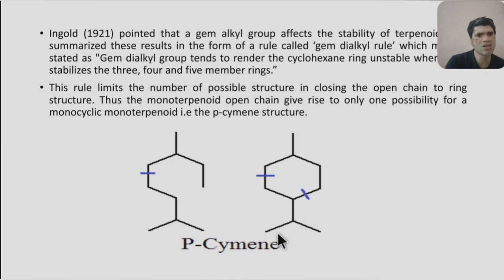When these 2 alkyl groups are attached to the same carbon atom, this is called a gem dialkyl group. In this case 2 methyl groups are attached to the same carbon, hence it is called a gem dimethyl group.